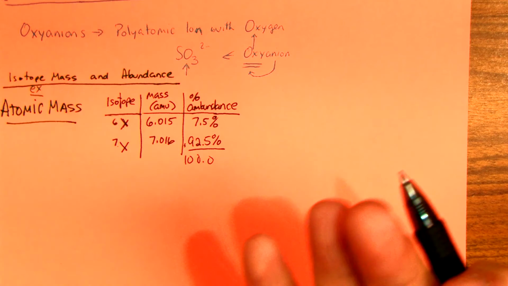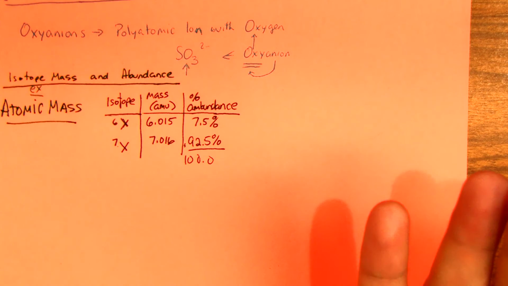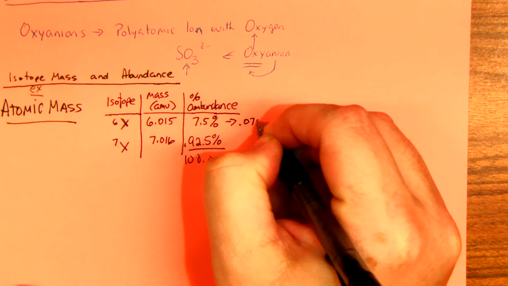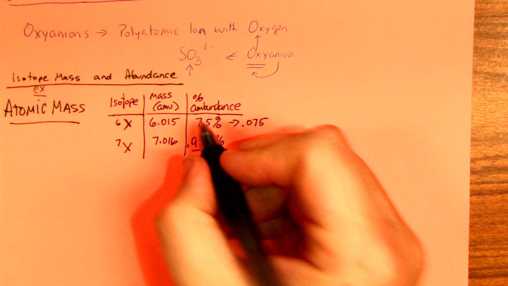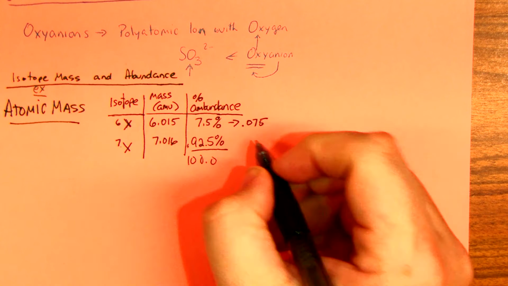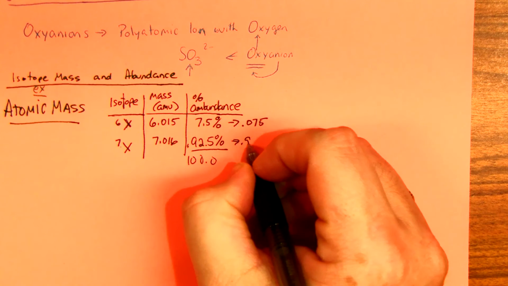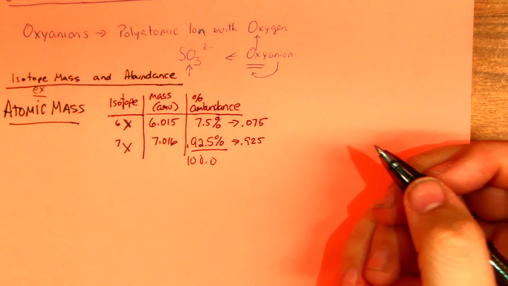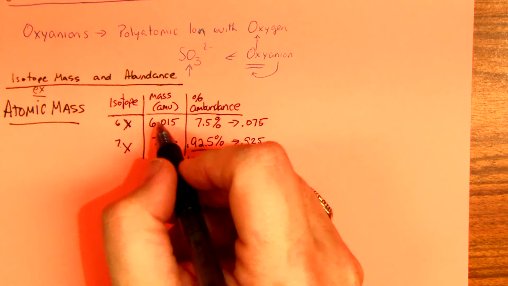Change it to what? Yeah, this is going to get changed to 0.075. So you're going to basically move the decimal twice. So I'm going to move the decimal twice here and get 0.925. And so now we have our mass, we have our abundance.